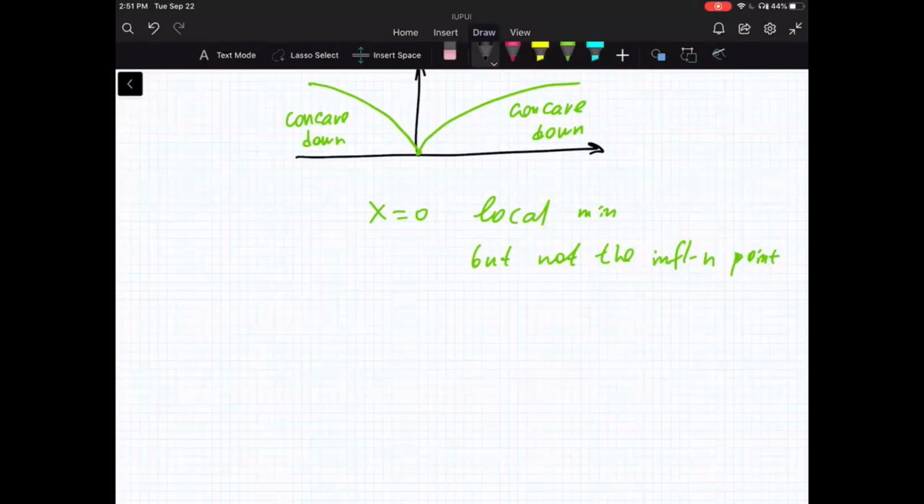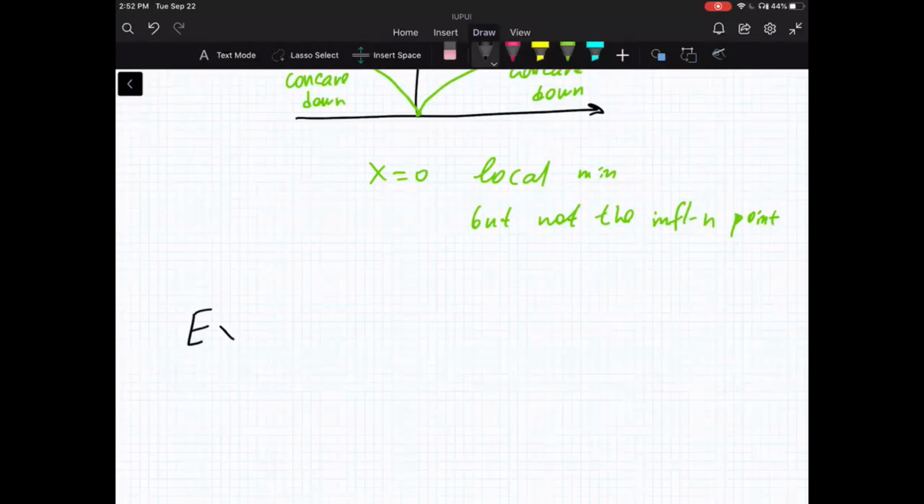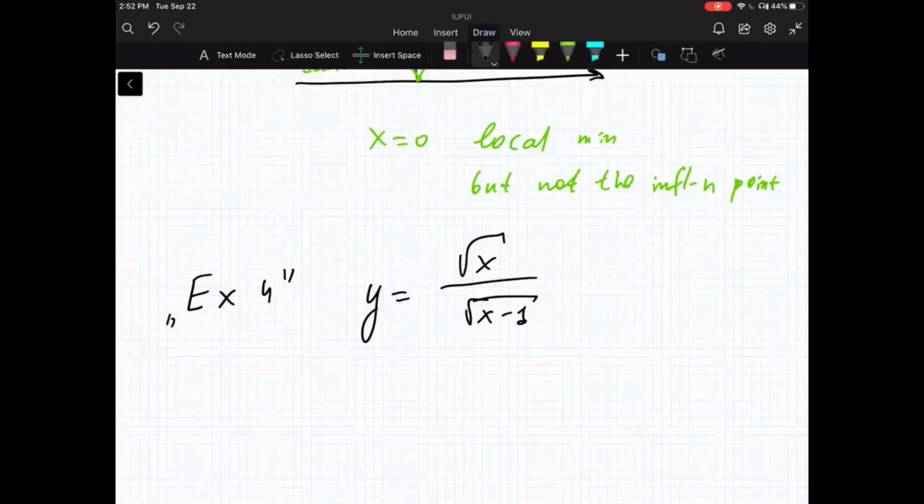And another thing, it's a slightly generalized example. Example number 4, where y is equal to x, instead of what is given in the textbook, let's put a square root on the top. This is about the almost last step, step number 5, about the asymptotes.